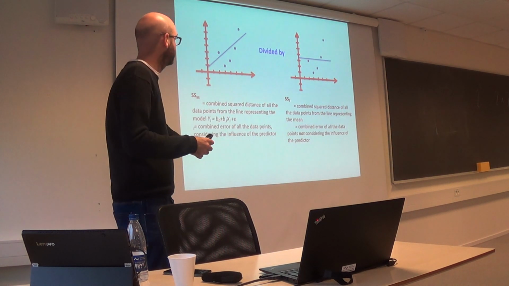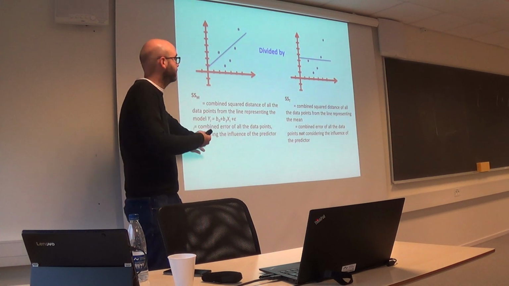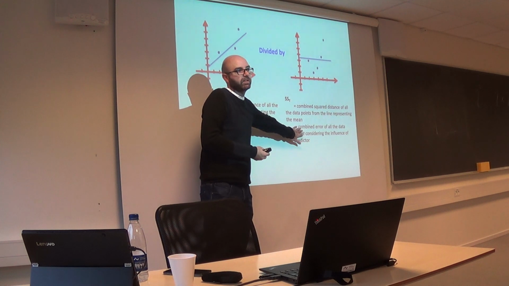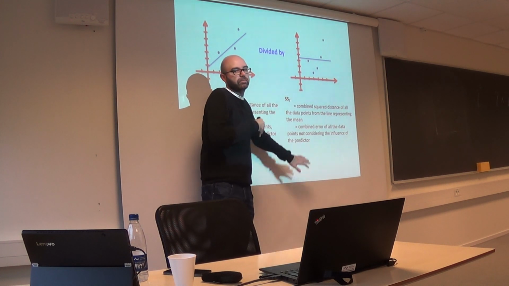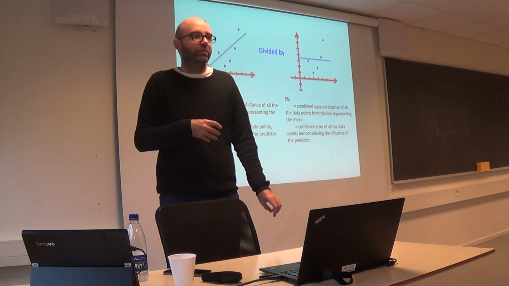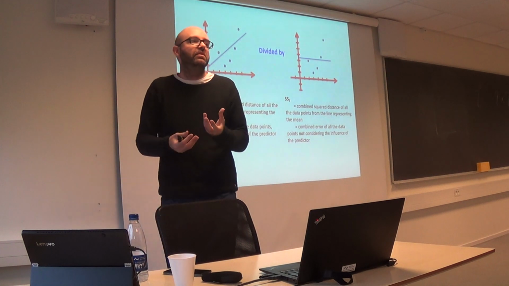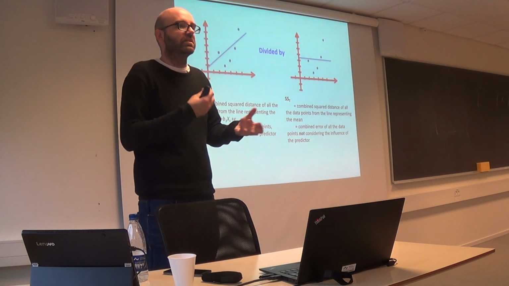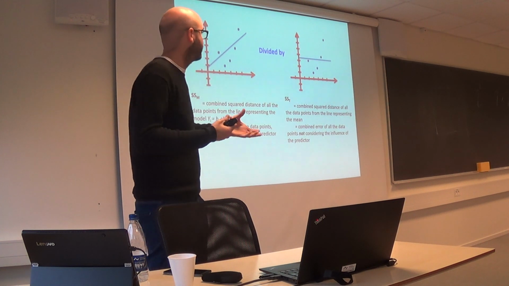So this is the model with the influence of the predictor, and this is without the straight line that we've added through the data cloud, without the influence of the predictor. And if we divide that by this, it gives us this standardized number that tells us how good our model is, which is constrained by two things.